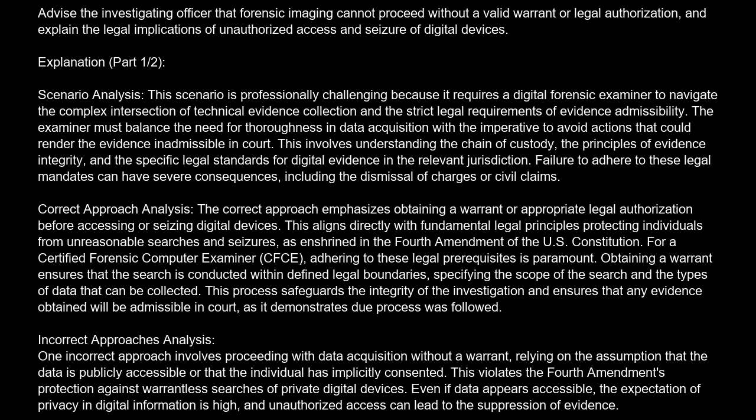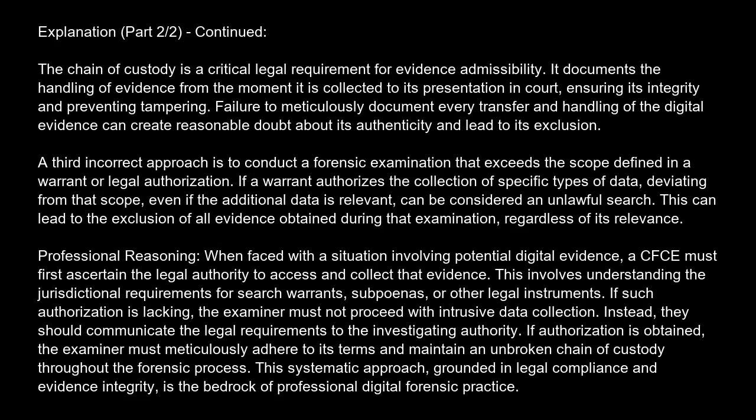Another incorrect approach is to seize devices without proper documentation of the chain of custody. The chain of custody is a critical legal requirement for evidence admissibility. It documents the handling of evidence from the moment it is collected to its presentation in court, ensuring its integrity and preventing tampering. Failure to meticulously document every transfer and handling of the digital evidence can create reasonable doubt about its authenticity and lead to its exclusion.